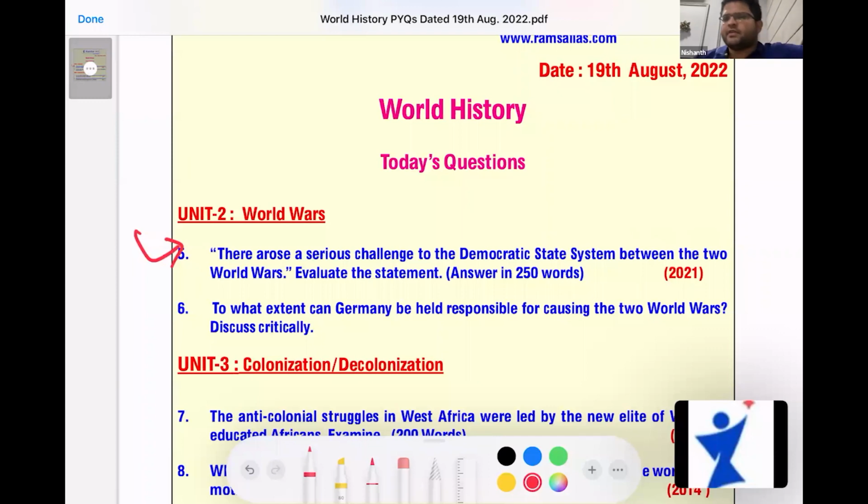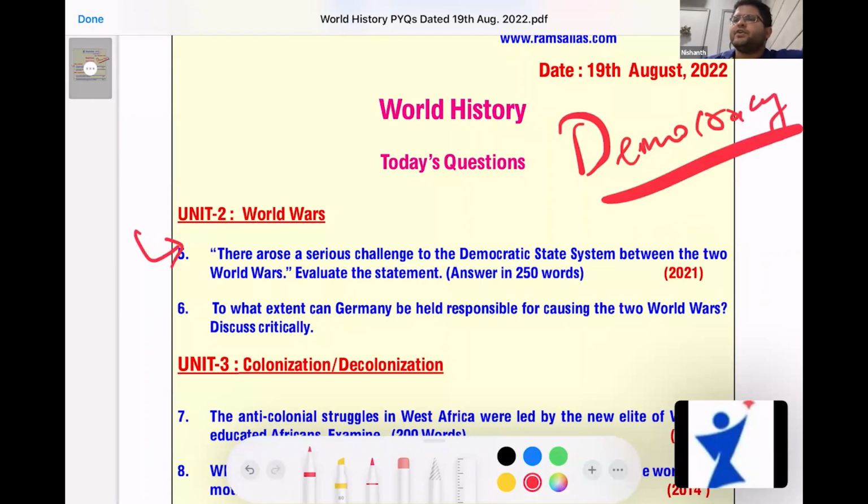Then you can write what the challenges are. First you introduce what a democracy or democratic state system is, and then you say what challenges they faced between the two world wars.